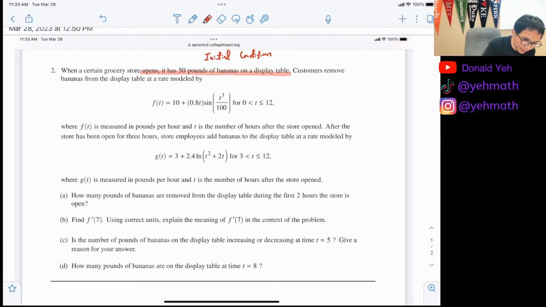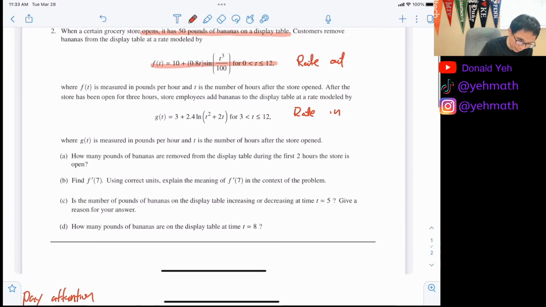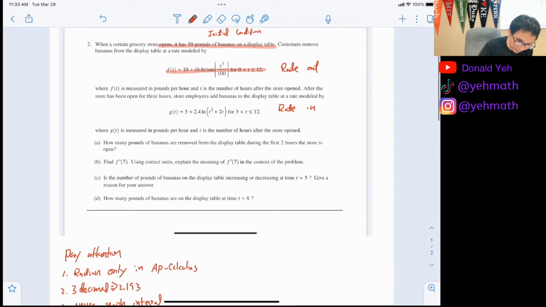This is the rate out. This is the rate of removal. This is the rate in. This is stocking back. Now, one thing you have to know for rate in and rate out questions: integration of the rate is equal to the amount of things.